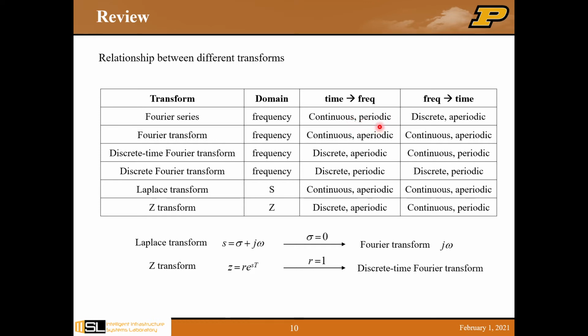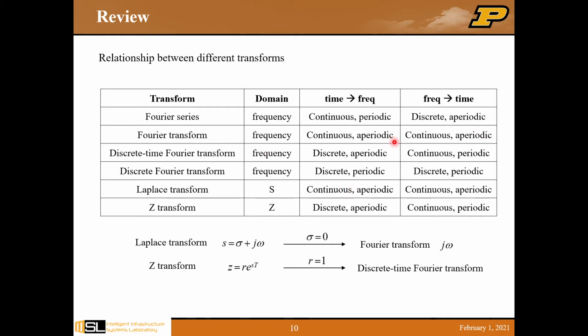So if we check their formula, it's a summation from minus infinity to infinity. But for frequency domain transform to the time domain, it seems that the signal is discrete and aperiodic.